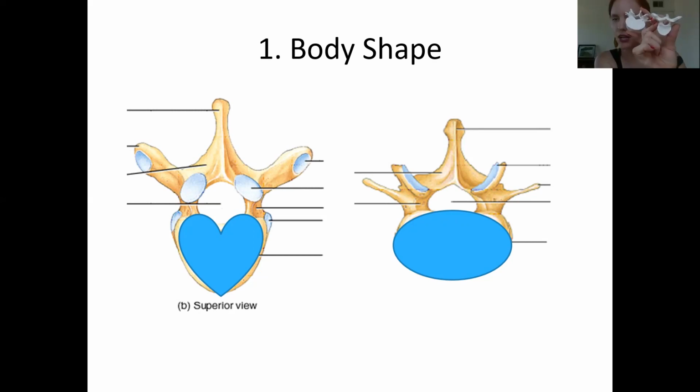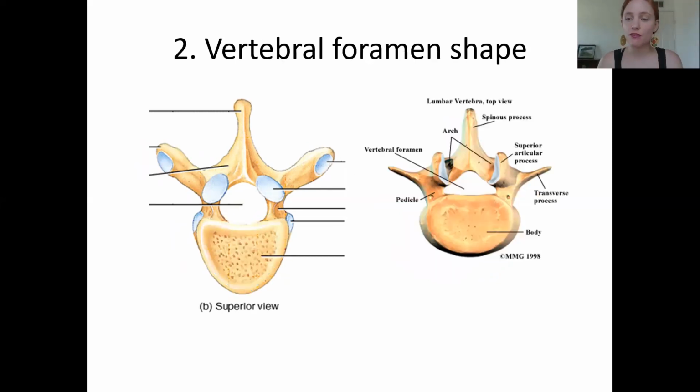You have a heart shape, kind of narrow. You got more of a rounder, kind of broader oval shape. That's lumbar. The next one is the vertebral foramen. Okay, so when you look at the vertebral foramen, remember that's the big hole in the vertebrae. For the thoracic, that creates a circular structure. Okay, so we got a nice circular hole in the middle.